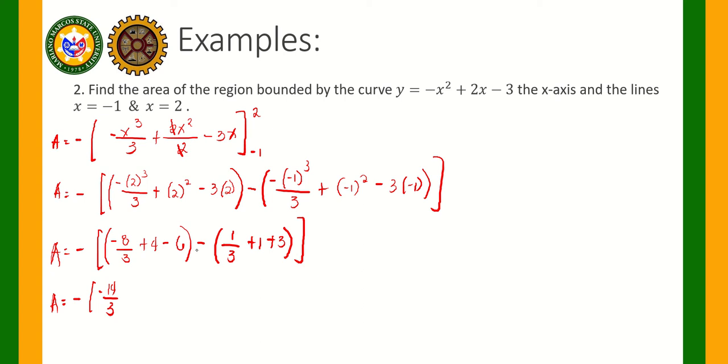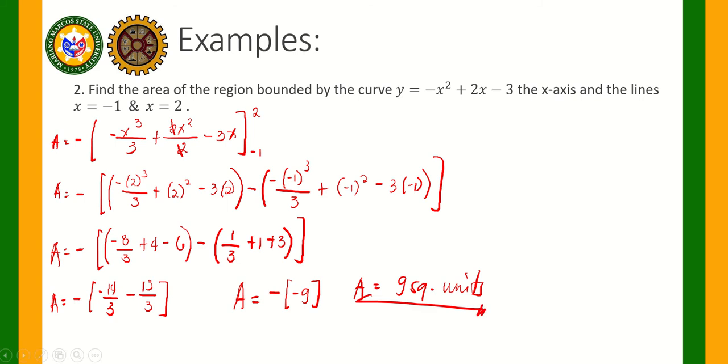This times negative will be negative 13 over 3. If we simplify, the area of the region bounded by the curve, the x-axis, and the lines is equal to negative times negative 9. So the area is equal to 9 square units. That is example number 2.